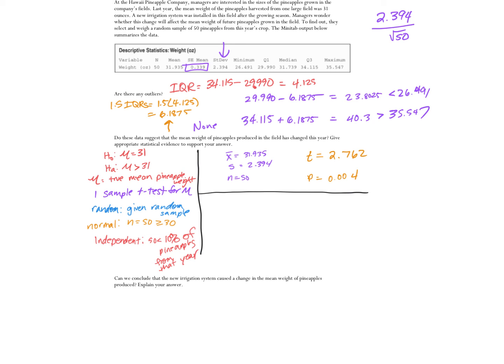You have the wrong S. It's 2.394. That is the standard deviation, not standard error. Yeah, but your calculator wants this number.